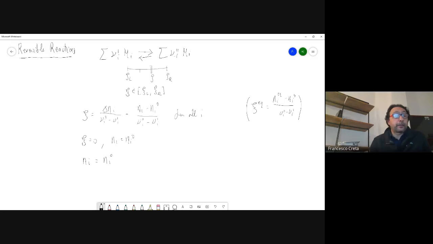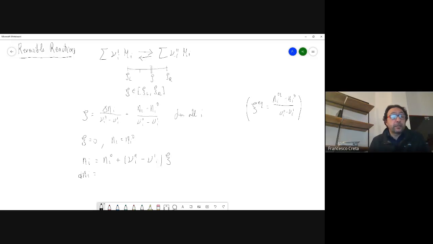So my current composition is the initial composition plus this coefficient, the difference in stoichiometric coefficients, times psi. If I want to consider an infinitesimal change in composition, I just differentiate this relationship.